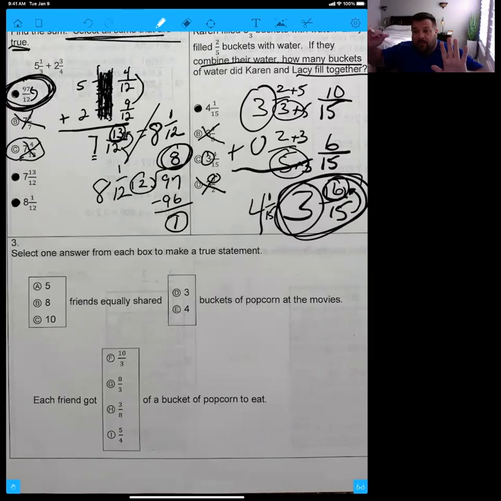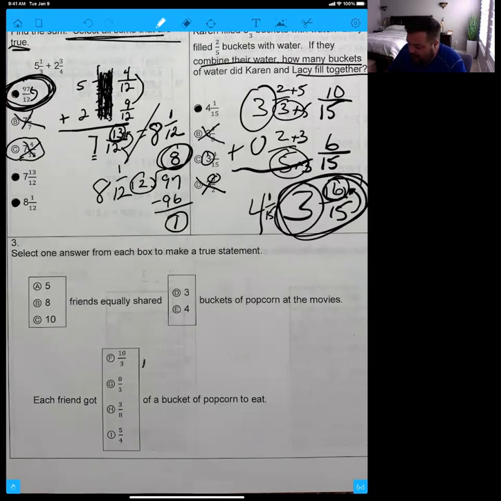And the most popcorn you could have is 4. Is each friend going to get a whole bucket of popcorn? You should be going no. Because whether you pick 5, 8, or 10, and even if you give them the most popcorn they can have, which is 4, each person's not going to get their own bucket ever, right?